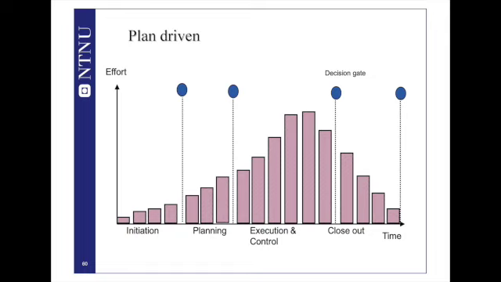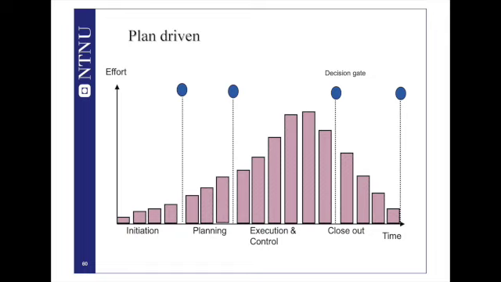This is a typical plan-driven approach with clear 4 or 5 decision gates. In this decision gate, right after the initiation, you make a decision: stop, go back, or continue. Similar here.